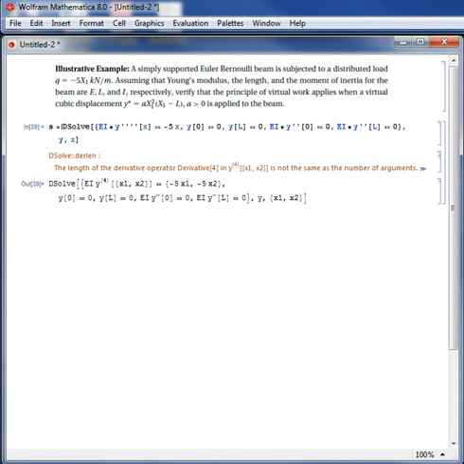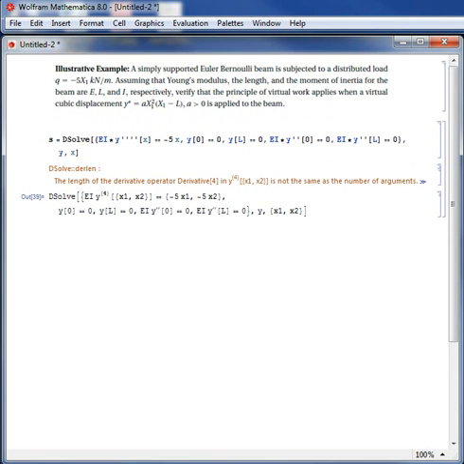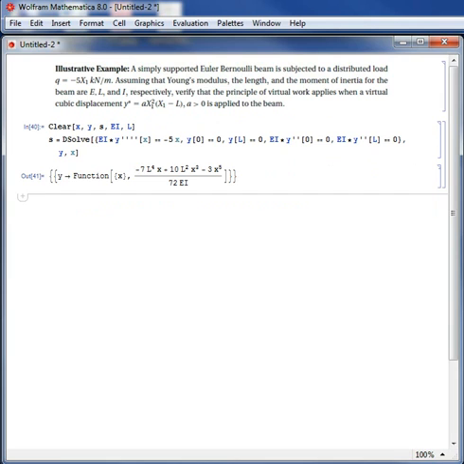I have to clear the variables because x was already given as a vector and it's still in the memory, so I'm just clearing x and y and s and all the variables that I'm using. And indeed here is the solution.